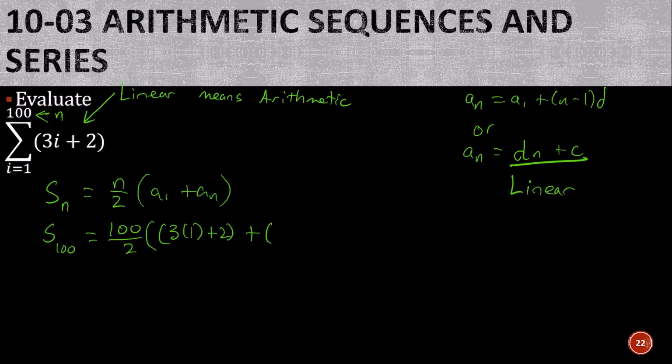The a_n would be when we plug in the 100. 100 over 2 is 50. This is 5, and the other part is 302. So it'll be 50 times 307, which is 15,350.